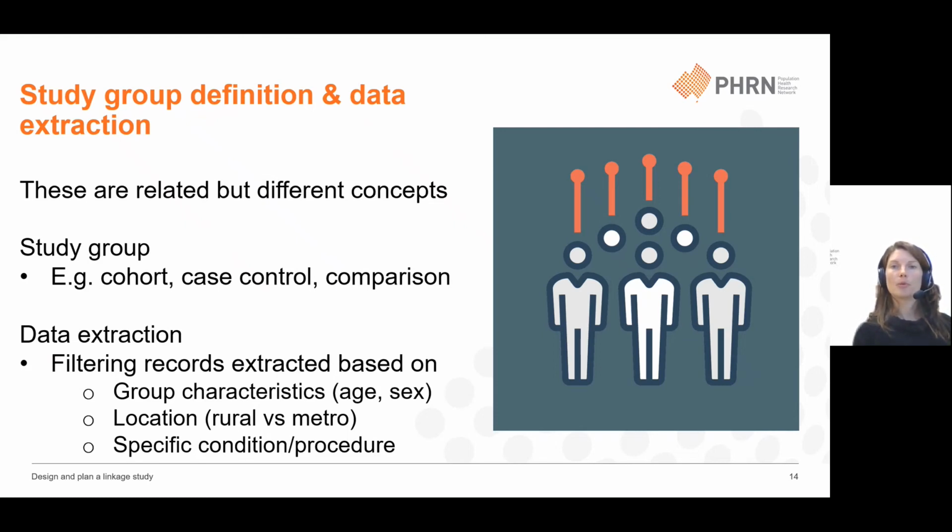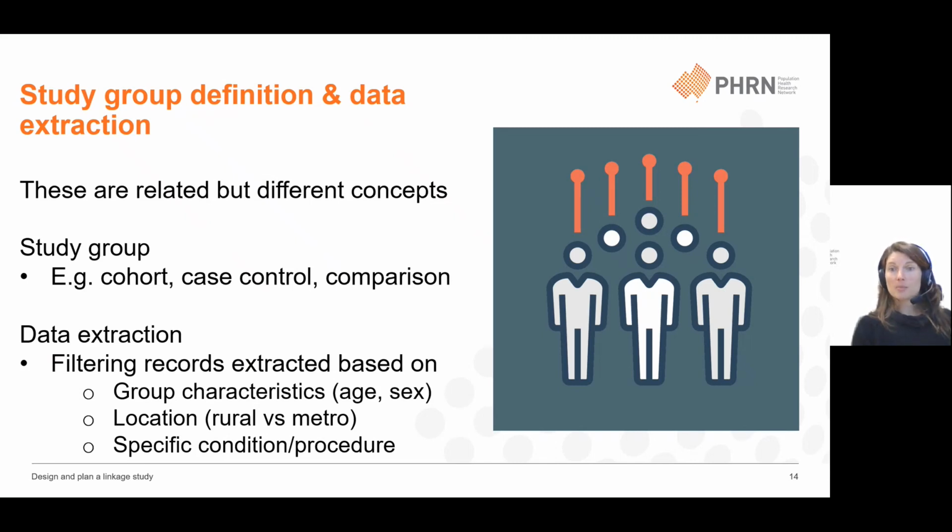Once the study group or groups are clearly defined, you still need to consider which records you wish to access for these individuals. If you're asking for hospital admissions records for your cohort of individuals with aortic stenosis, going back to that study group example, you need to specify whether you want all their linked records or only those specific to their condition, or perhaps only those records that reflect the conditions you're interested in studying, such as certain comorbidities.